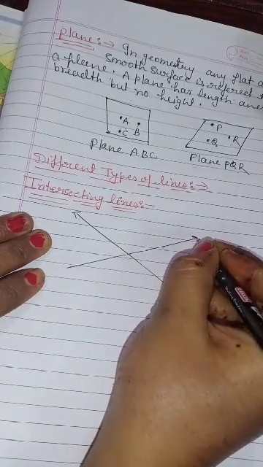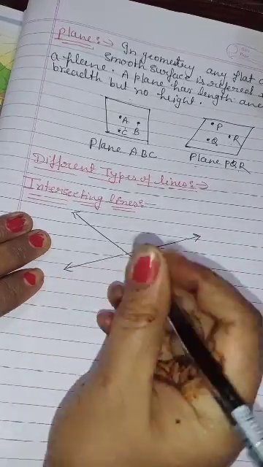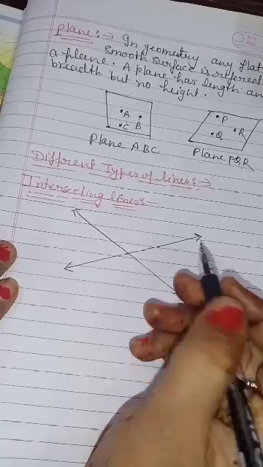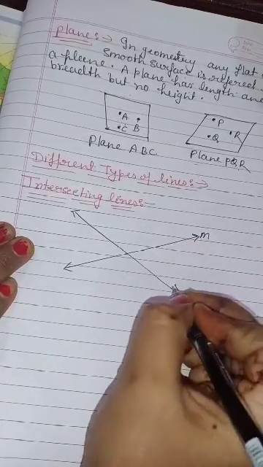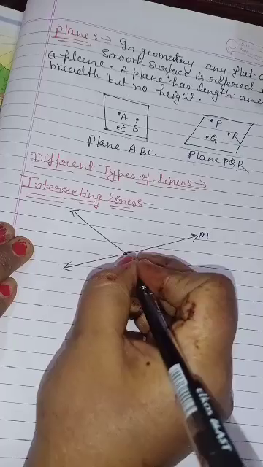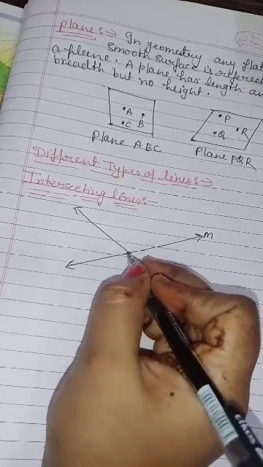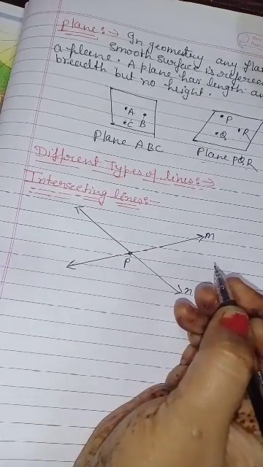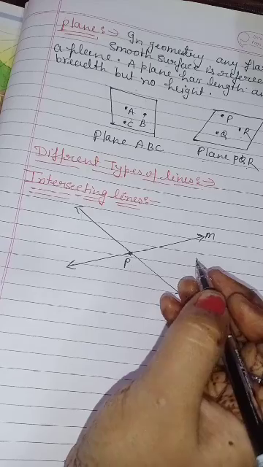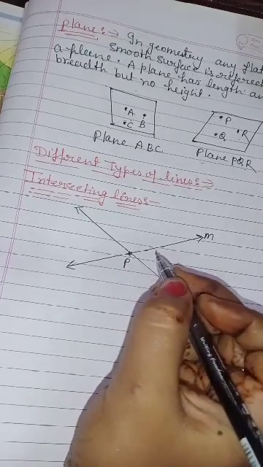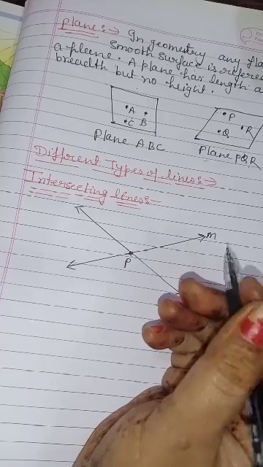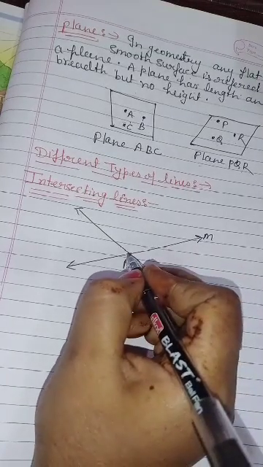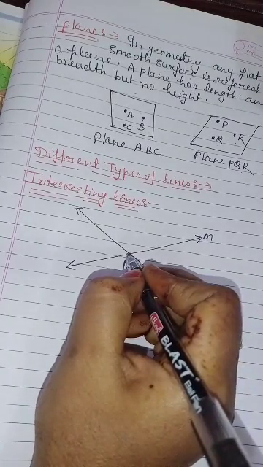I have made arrows so that it means they can be extended in both directions. Suppose this line is M and this is N, and the point where they are intersecting each other is point P. These kinds of lines are known as intersecting lines.